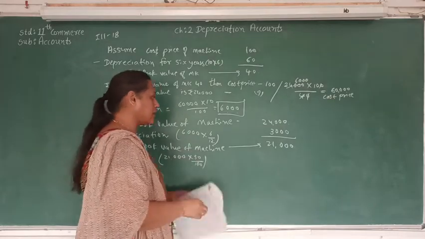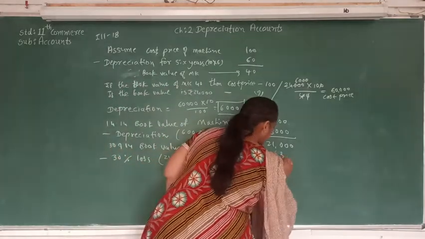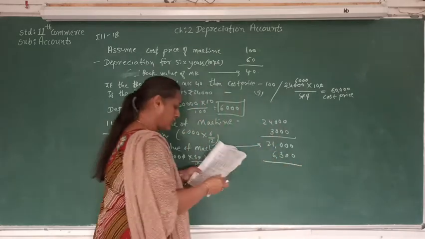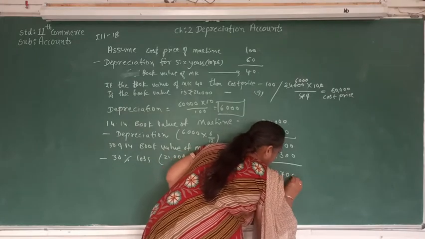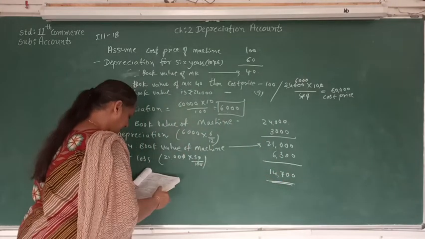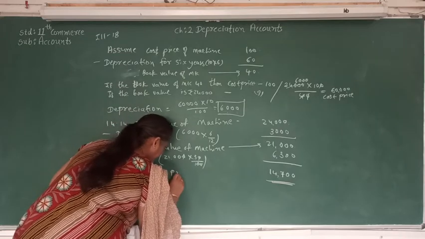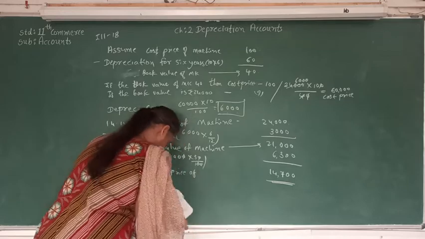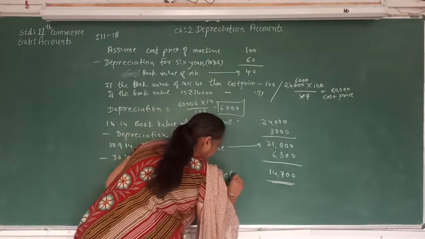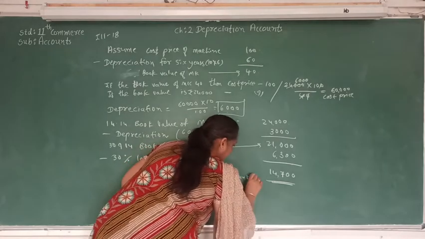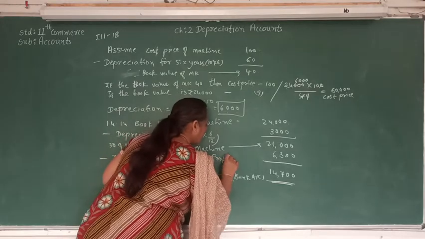So here the amount of loss will be 6,300. So the selling price of the machine will be 14,700. So this is the selling price of the machine. This will be in the bank account, and this is the loss. So this will be taken to the profit and loss account.